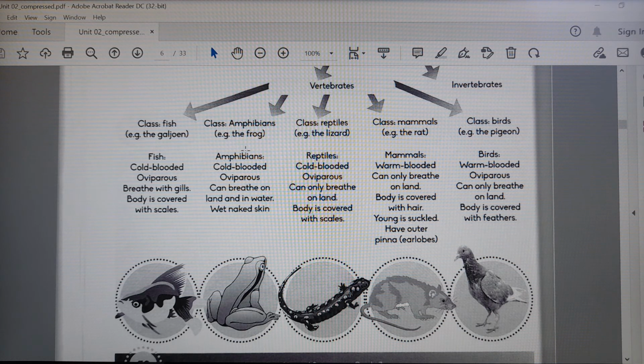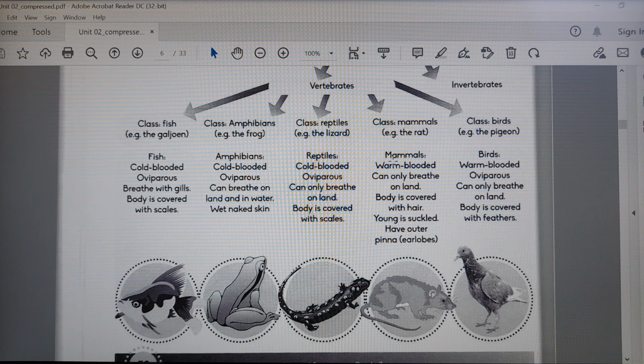Amphibians are also cold-blooded, oviparous. They can breed on land and in water, and they have a wet, naked skin. Reptiles are also cold-blooded, oviparous, can only breathe on land, and the body is covered with scales.